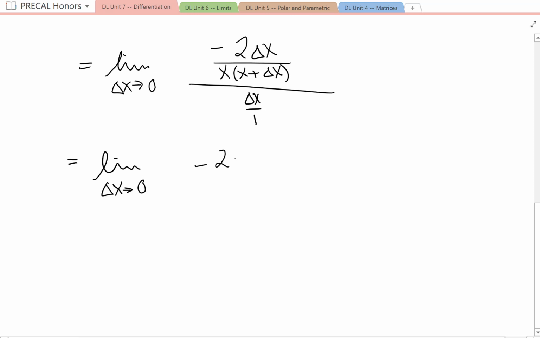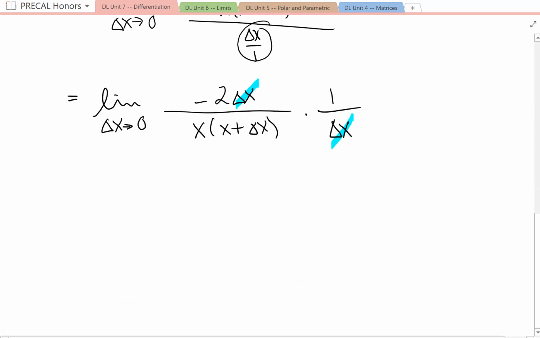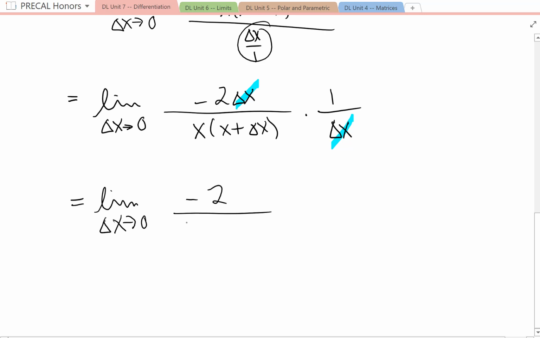So we should have negative 2 delta x over x times x plus delta x times the reciprocal, 1 over delta x. All right, delta x over delta x is equal to 1. We now have something we can direct substitute into. Negative 2 over x times x plus delta x.